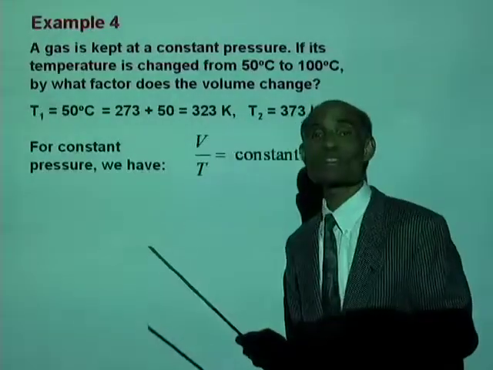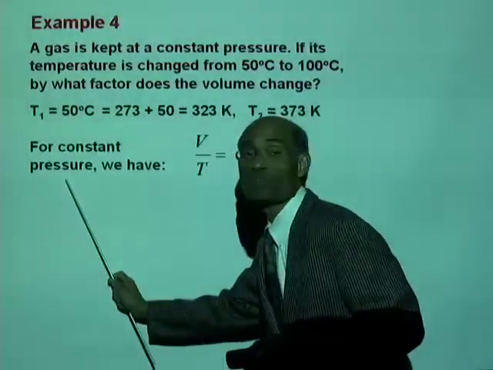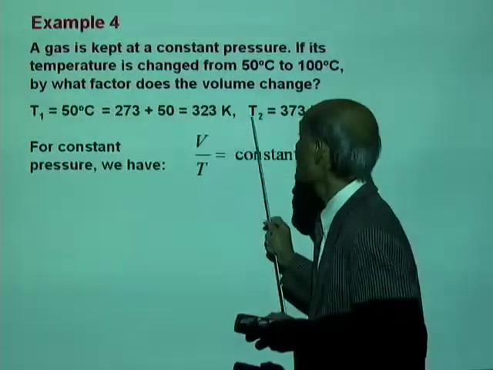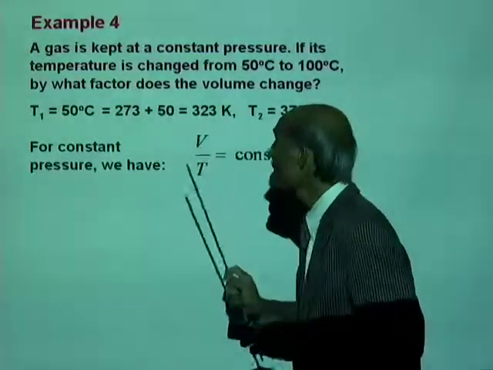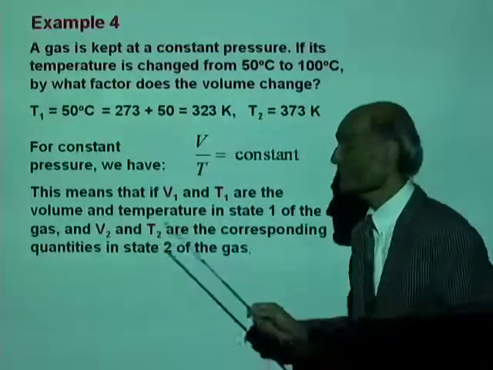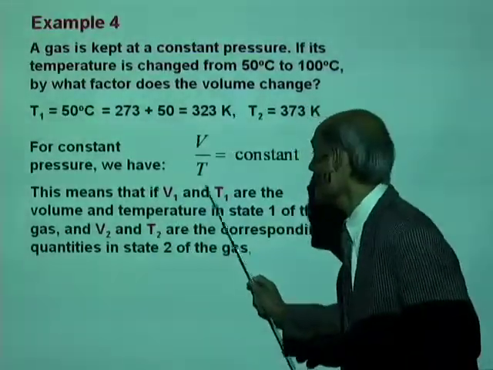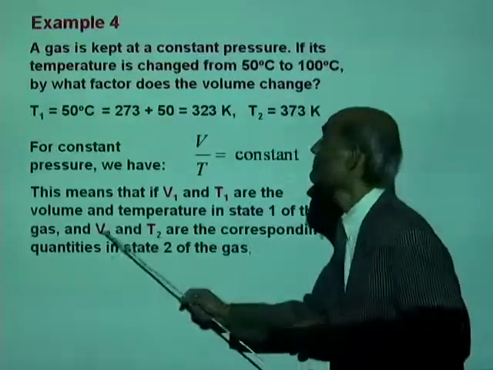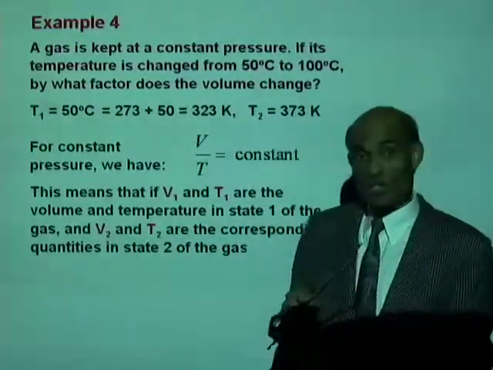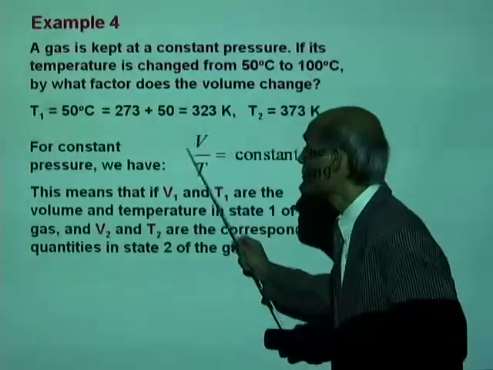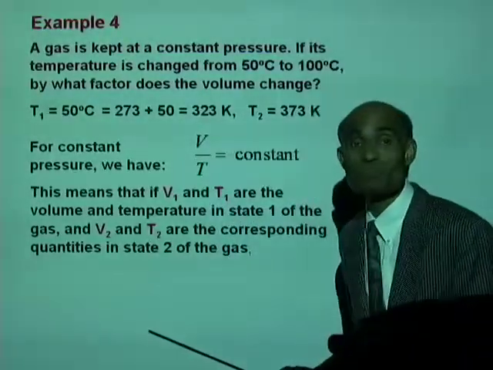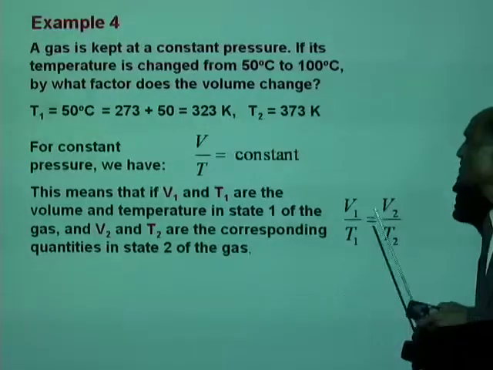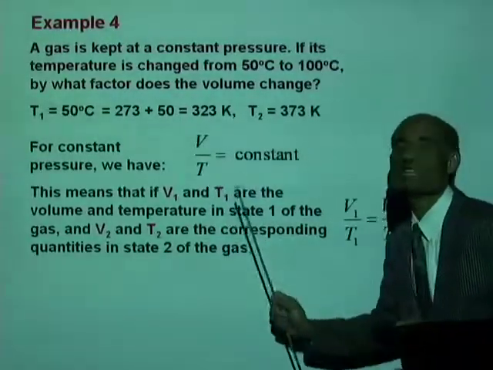If V1 is the volume when the temperature is T1 and V2 is the volume when the temperature is T2, then V over T is a constant means V1 over T1 equal to V2 over T2. That's the meaning.